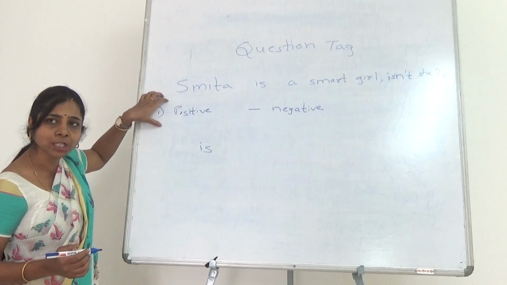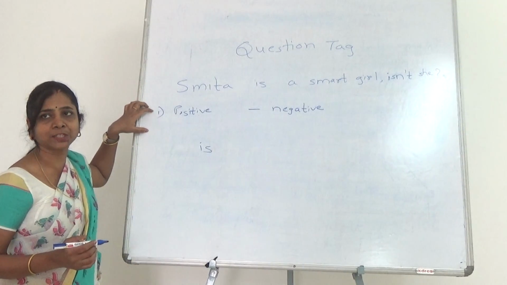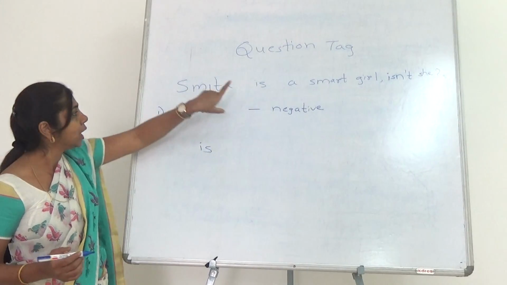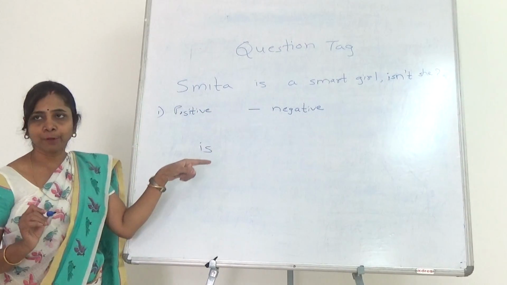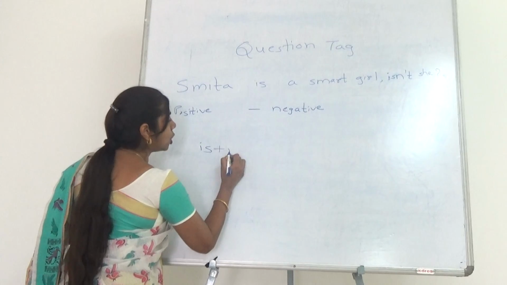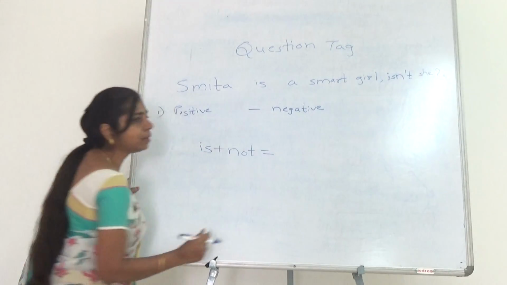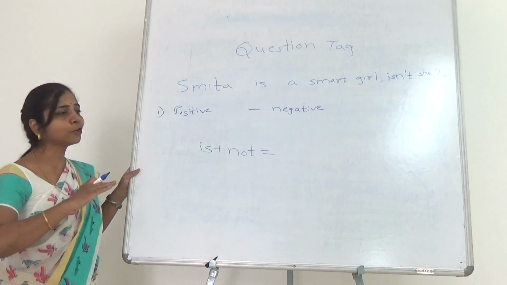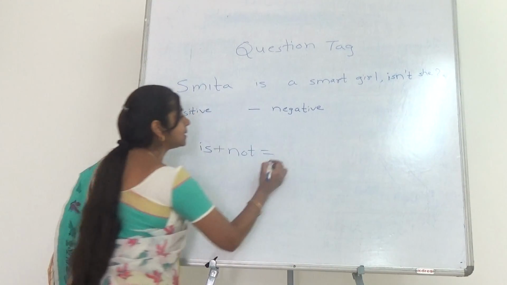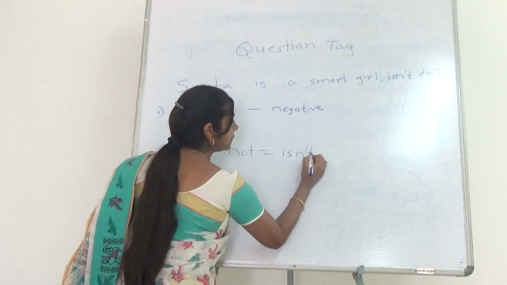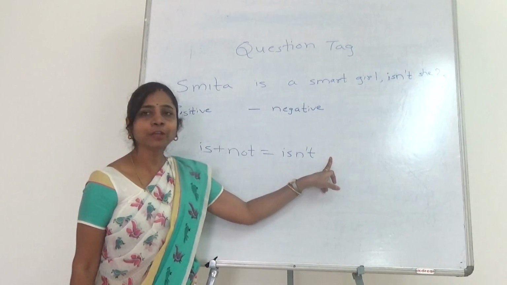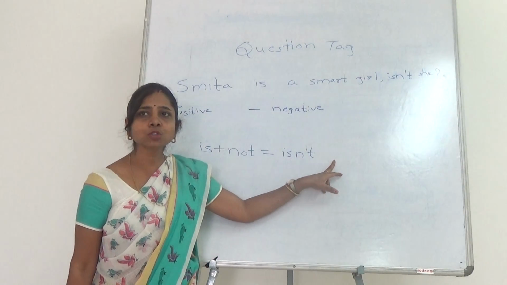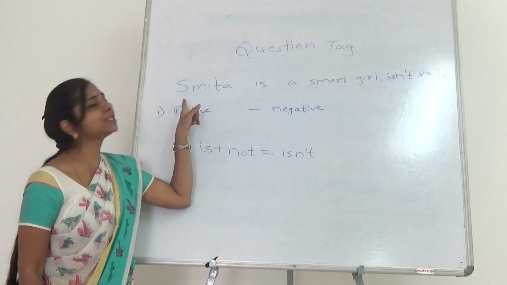I have already mentioned that if the given sentence is positive, the tag will be negative. Now this given sentence is affirmative, so we will add not in it. And then we have to write down its short form. What is the short form of is and not? It is isn't. And after that, we have to write down the subject pronoun of the subject.